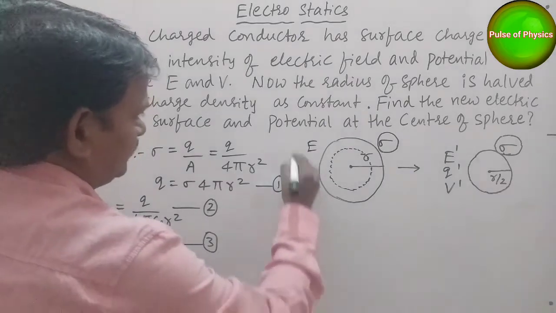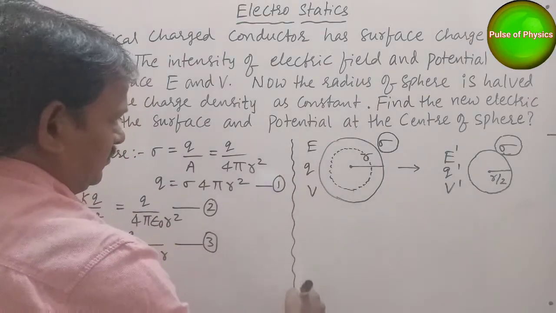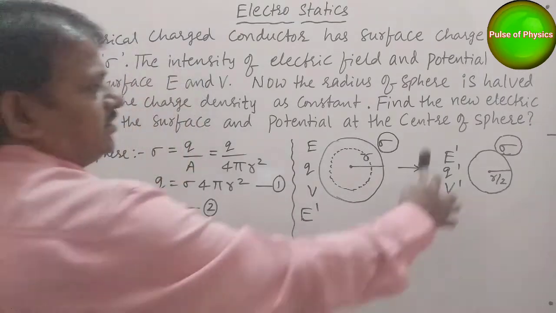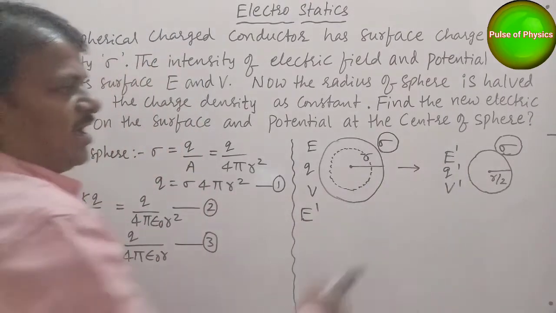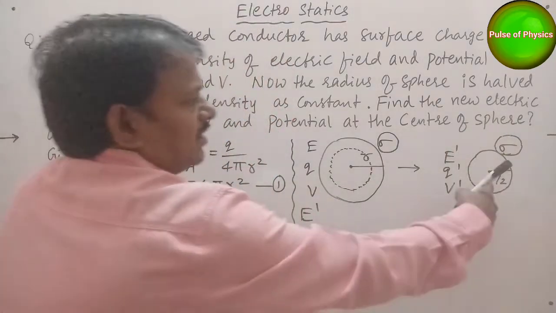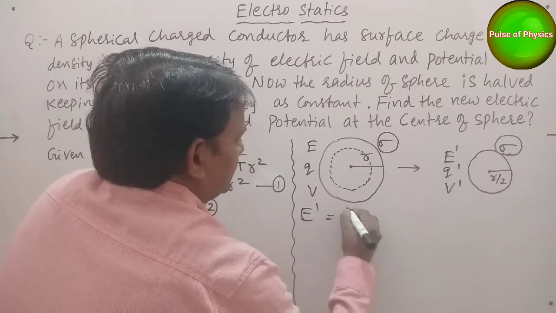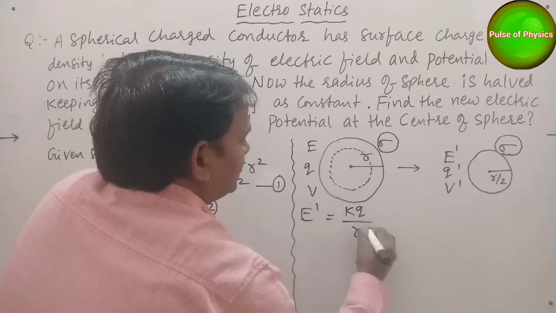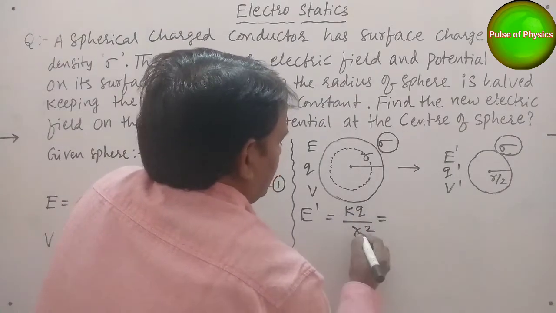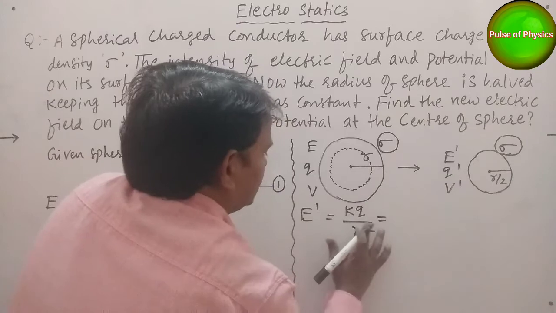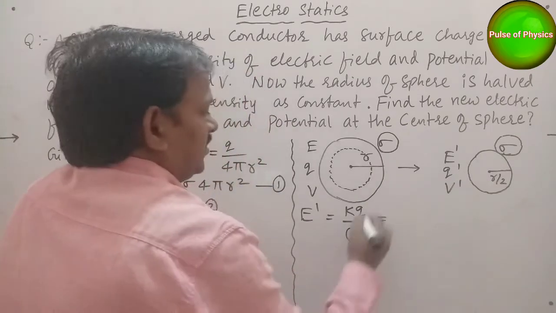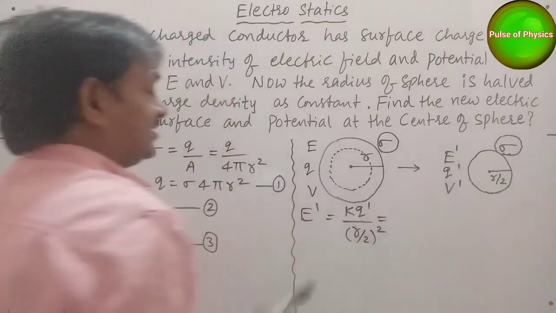See this. What is E dash? The electric field on the surface of the sphere with radius r by 2. That sphere has r by 2 radius. The formula is kq by r square, and in this case r square means r by 2 whole square. Next, kq dash, this charge is q dash.